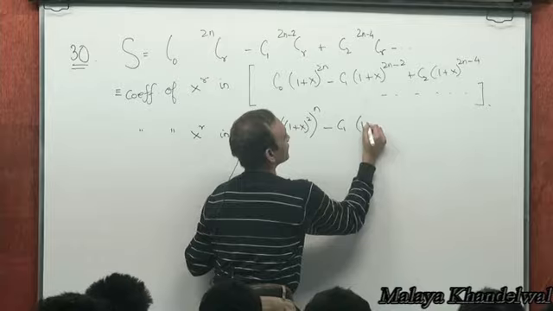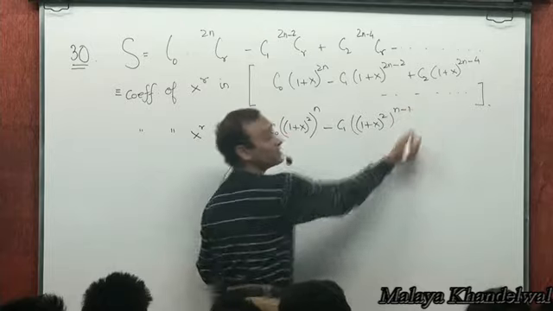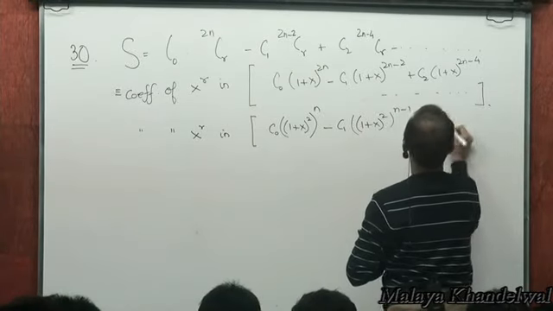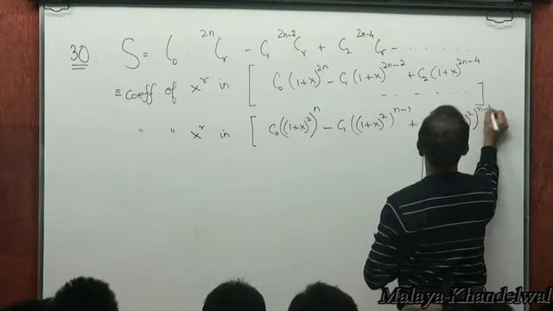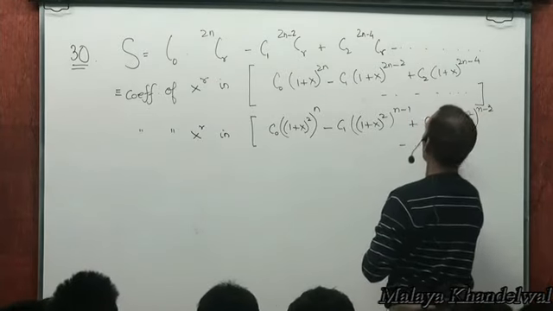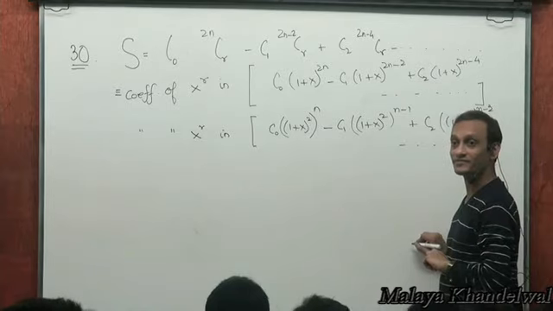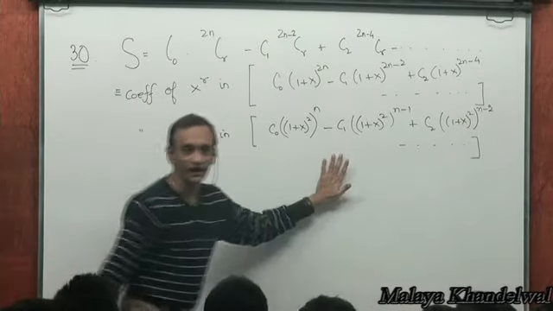Minus C1 (1 plus x) whole squared whole to power n minus 1, plus C2 (1 plus x) whole squared whole to power n minus 2, and so on and so forth. Yes or no? Right? Do you get a hang of what I am doing here?